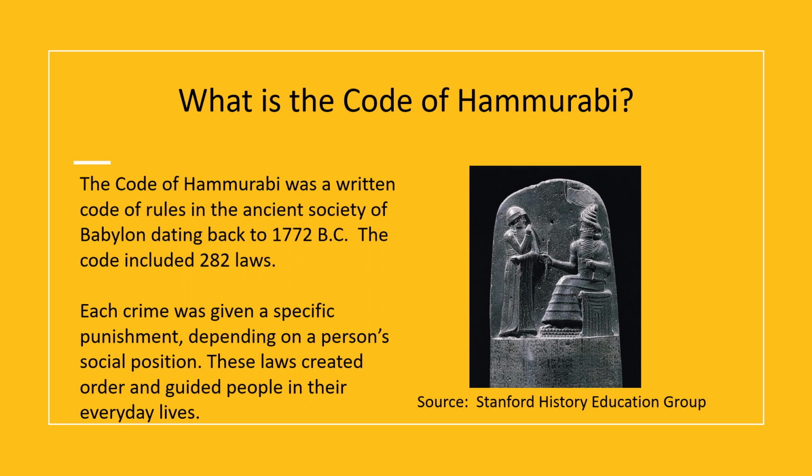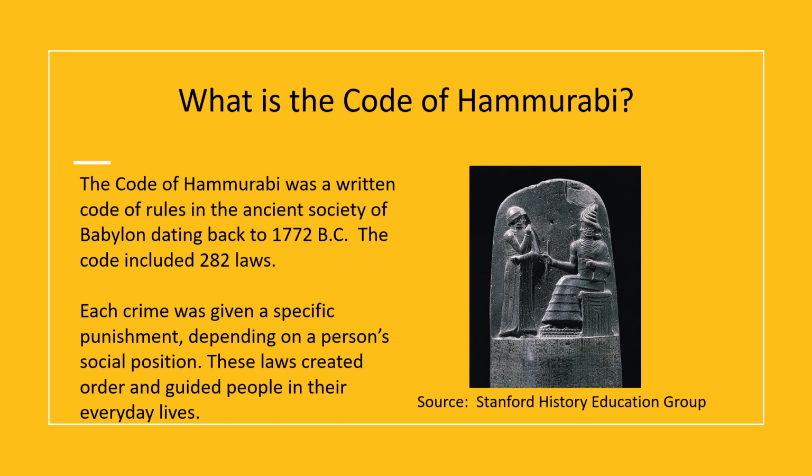So imagine, if you will, that with each crime being given a specific punishment based on a person's social position, this would play a role in how people decided whether or not to commit a crime, right? There's a code of rules, and a person would know in advance that if they broke the code of rules based on their social position, they would know what the punishment was.